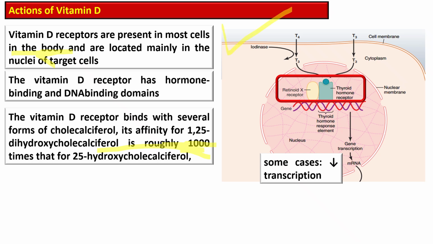It regulates the expression of calcium and phosphate homeostasis genes, influences genes in bone metabolism, immune modulation, and cell proliferation and differentiation.